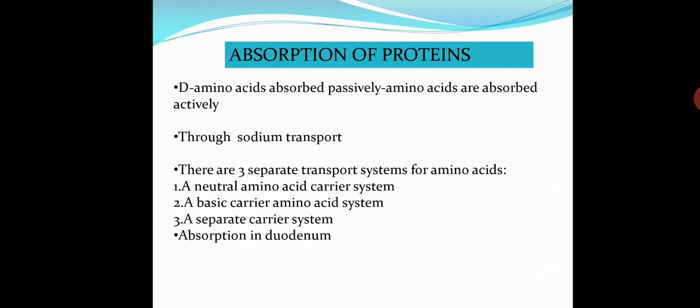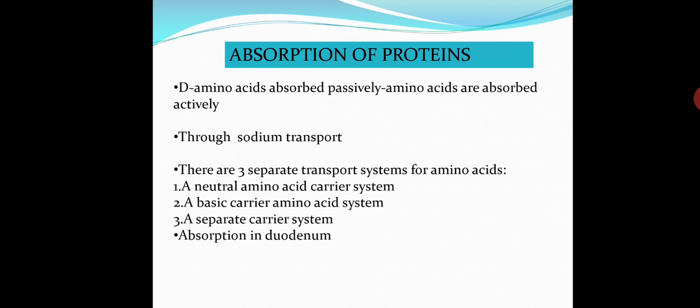The third one is the separate carrier system in the basolateral membrane of the intestinal cell that transports proline, hydroxyproline and a few other compounds.